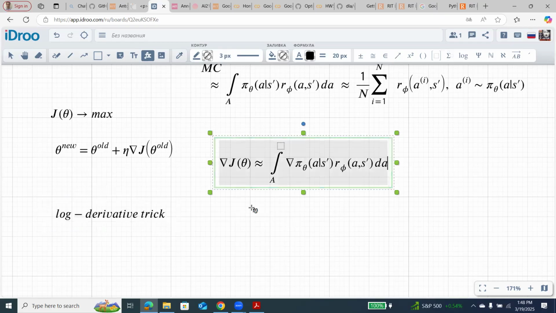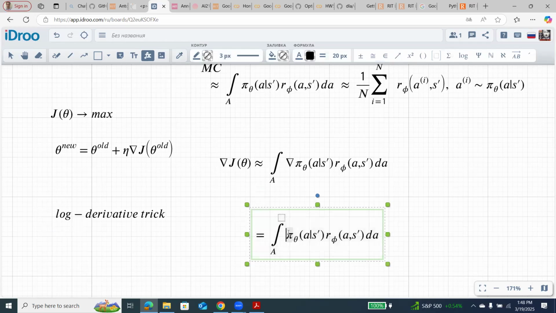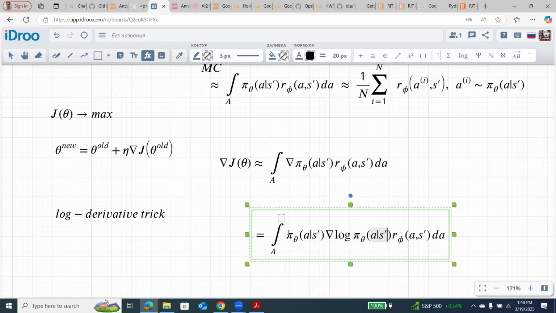And rewrite this as pi times gradient of the log of pi. And now we have the probability here times some function.